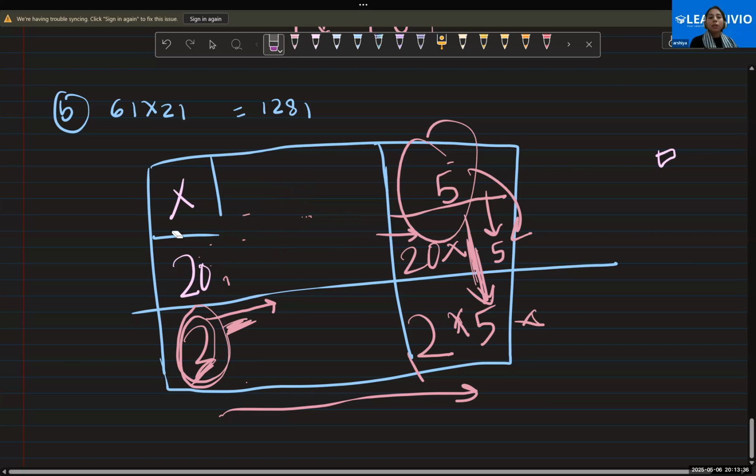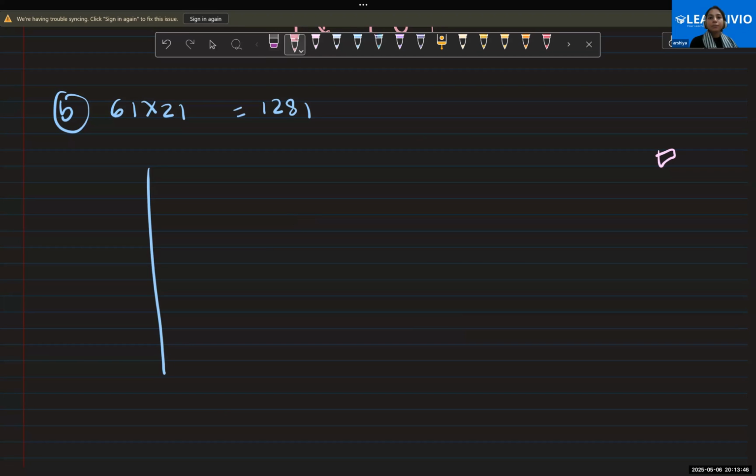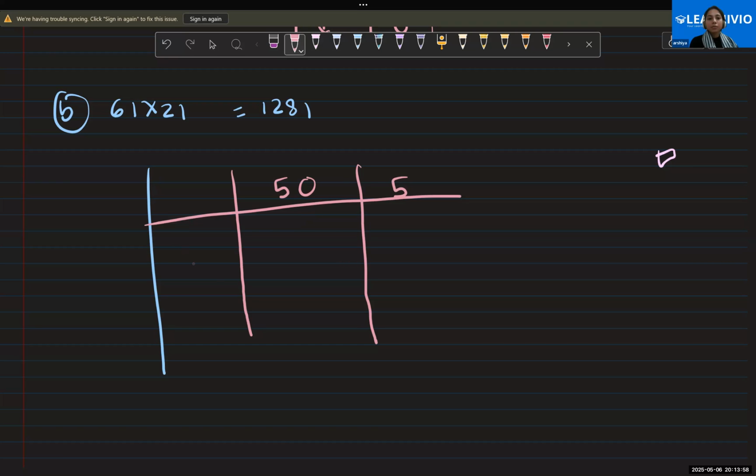Now let's solve for the multiplication. I'm going to write the whole thing again. Let's do it again. Now can you answer? What should I write in this box? 20 and 50. 20 multiplied by 50.